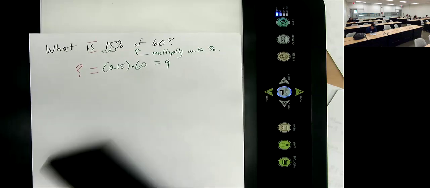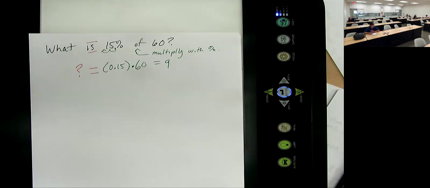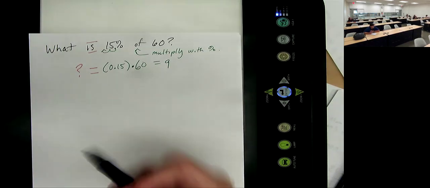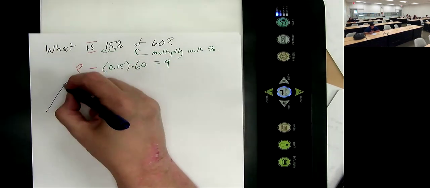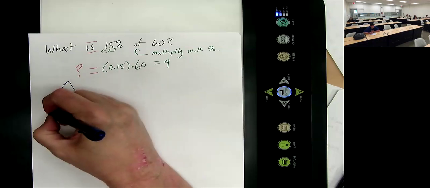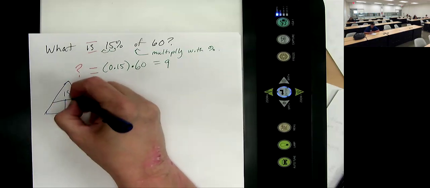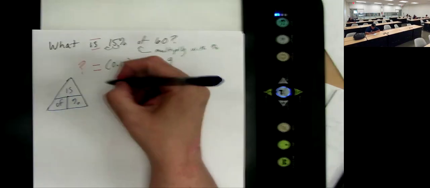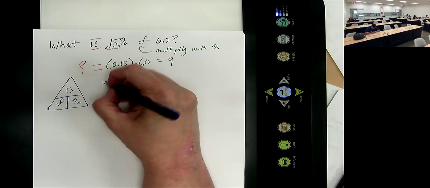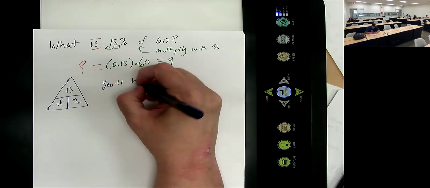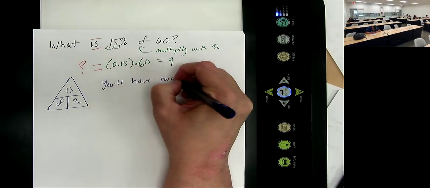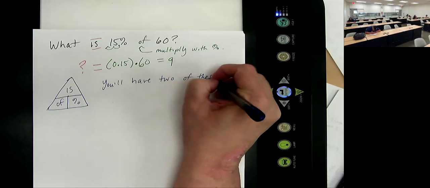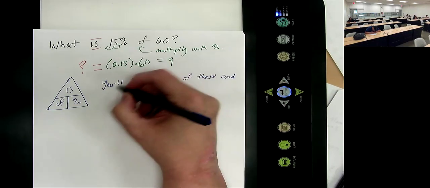Another way to do this is the way I remember learning it. It's the is-of-percent triangle. For percentage problems, you'll always have two of these, and you're looking for the third.